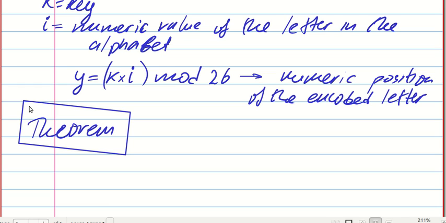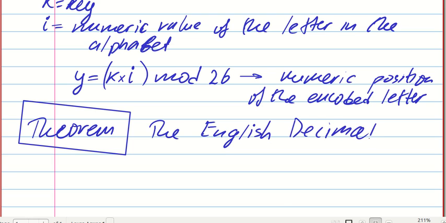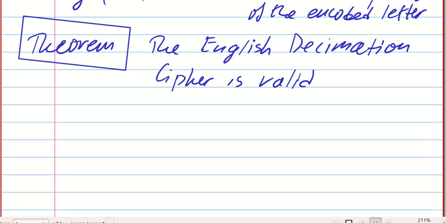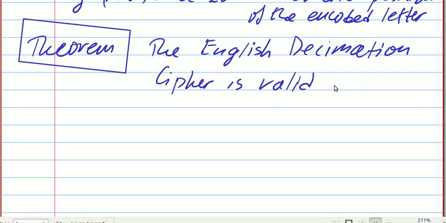It tells you that the English decimation cipher (in a different language it would be a different number of letters, so it would be a tiny bit different, but very close) is valid if the greatest common divisor of k and 26 is equal to 1.